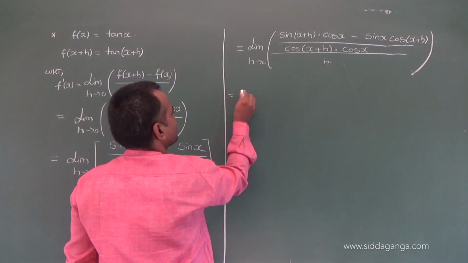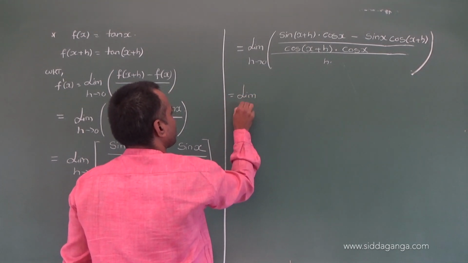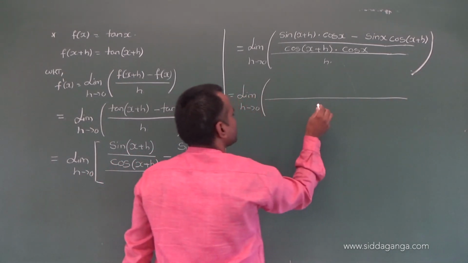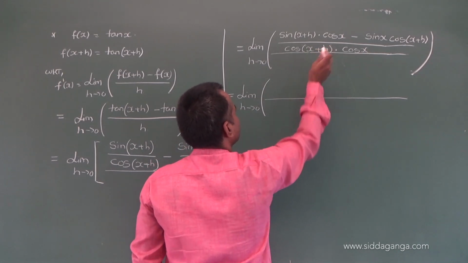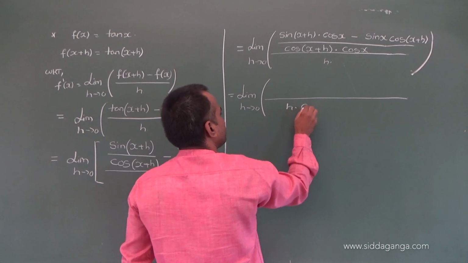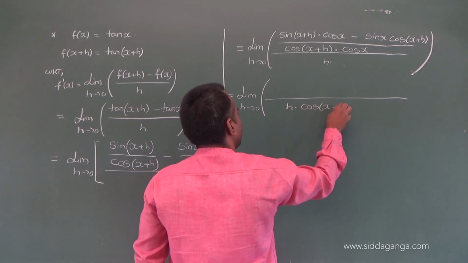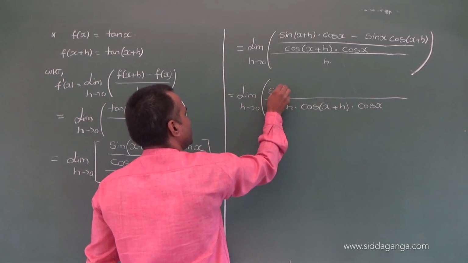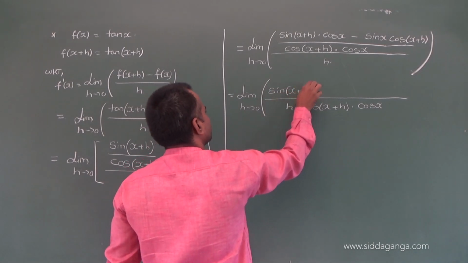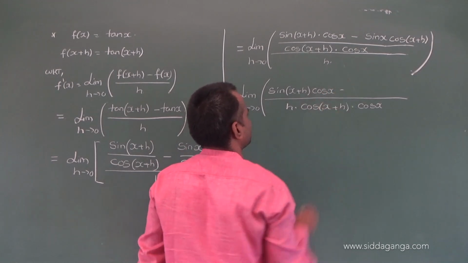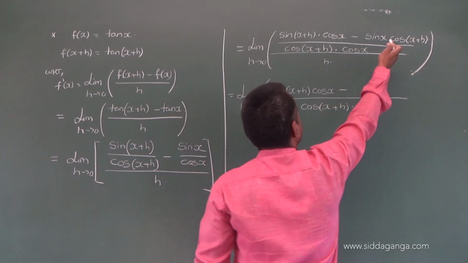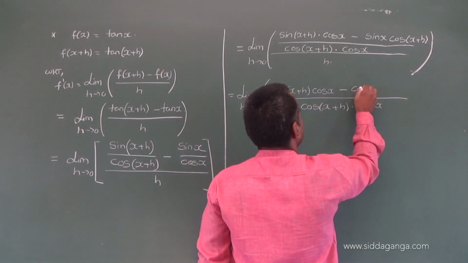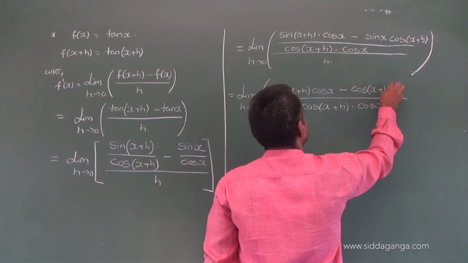That we write as limit h tends to 0. We rearrange the terms. These two lie in the denominator, we write like this, no problem: h into cos of x plus h into cos x. Numerator: sin of x plus h into cos x minus, I write this one first, no problem. 2 into 3 is 6, 3 into 2 is also 6, the result will not be affected: cos of x plus h into sin x.